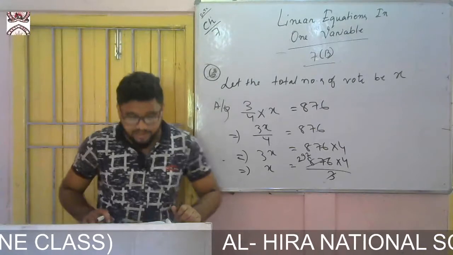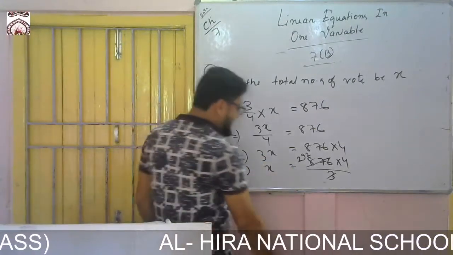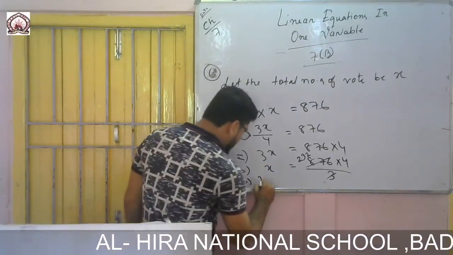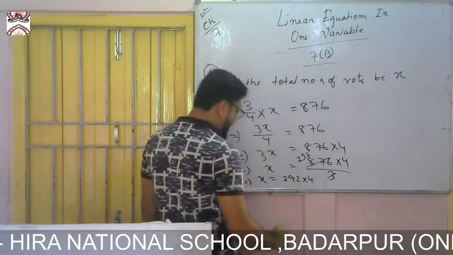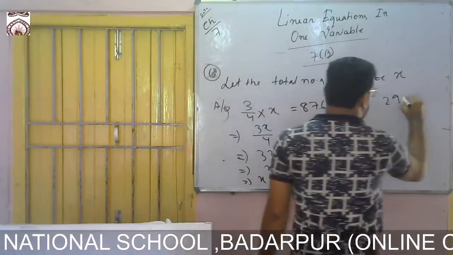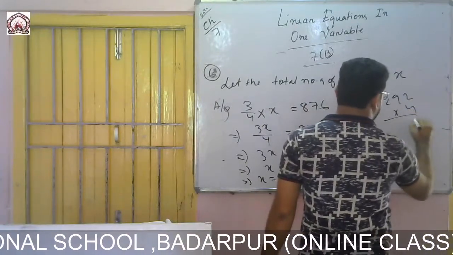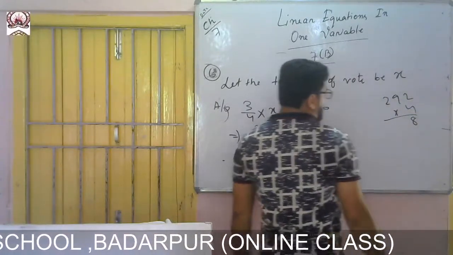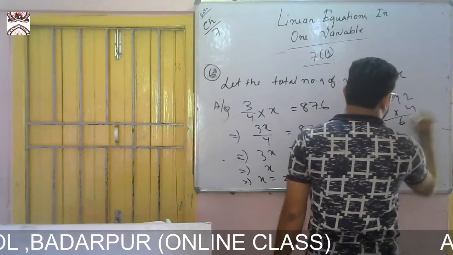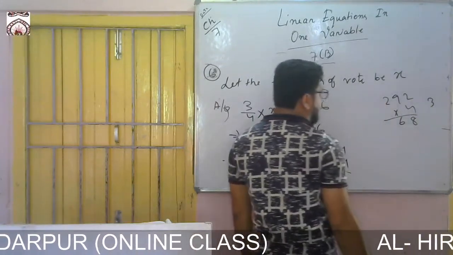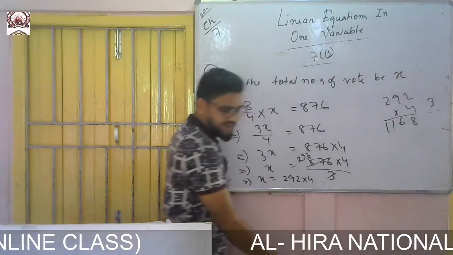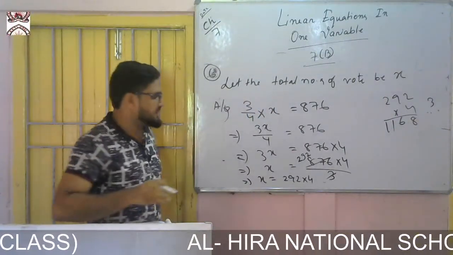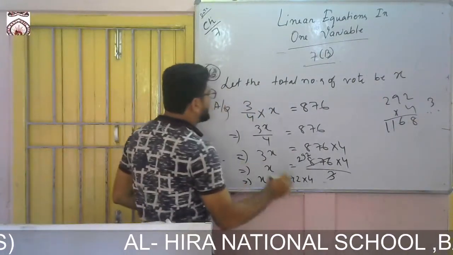Now multiply it. X equals 292 into 4. How much comes? 4 2s are 8, 4 9s are 36, 4 2s are 8 plus 3 is 11. 1168. So write it.